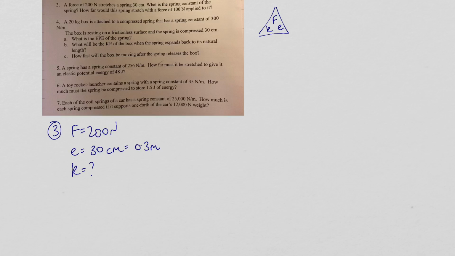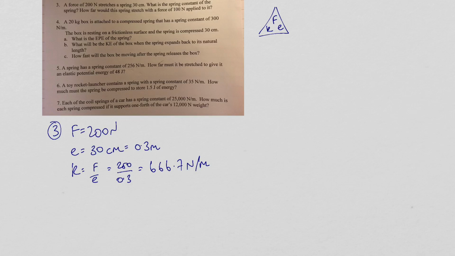F equals kE. So k equals F divided by E, which is 200 divided by 0.3, which is roughly 670 newtons per metre.